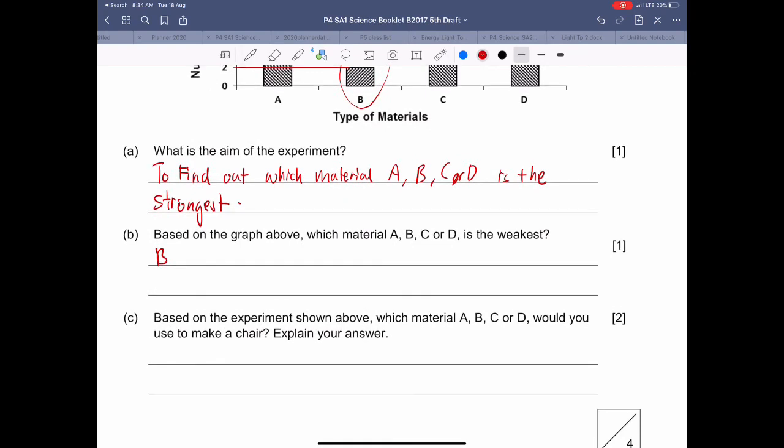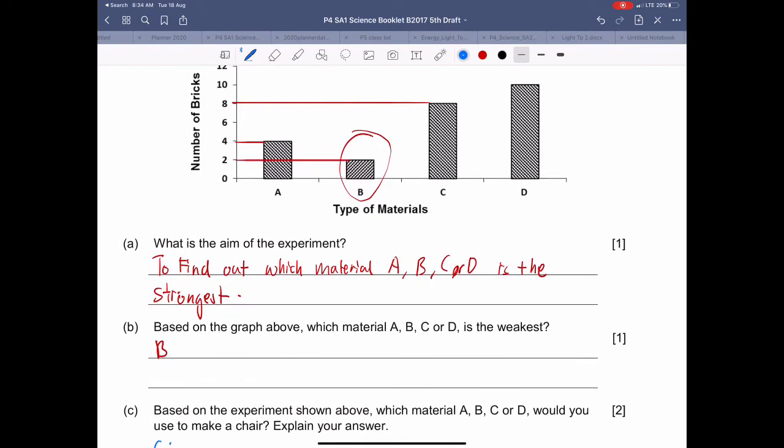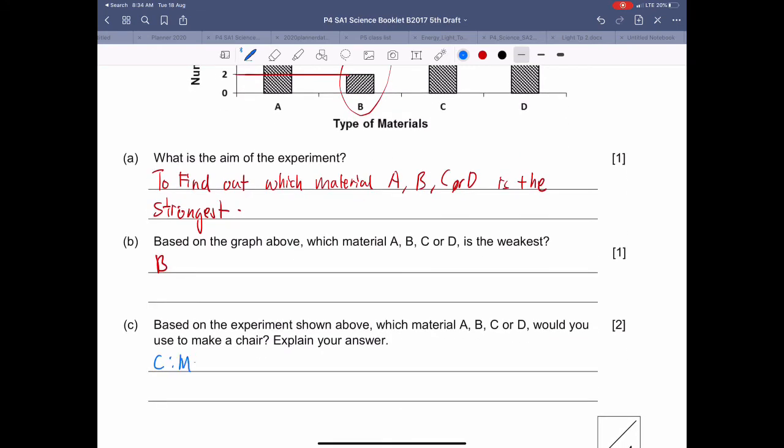Based on the experiment above, which material, A, B, C, D, would you use to make a chair? Explain your answer. Which answering strategy would you use? Louder. CER. It's very straightforward. If you look at it, the answer should be D. Material D, that's my claim.